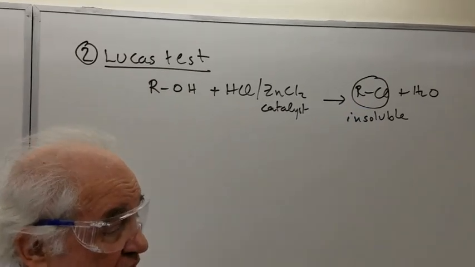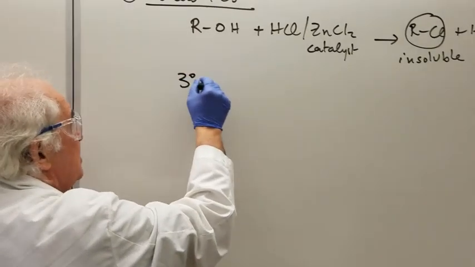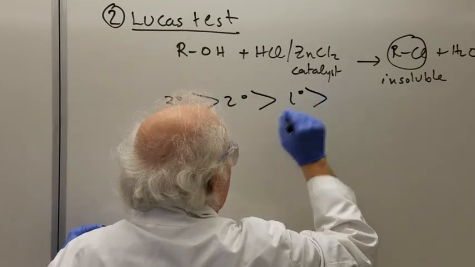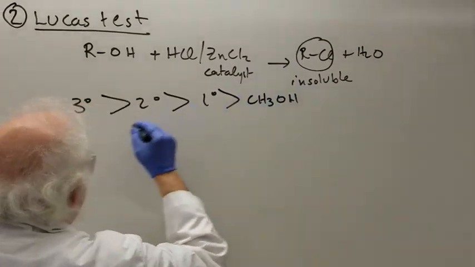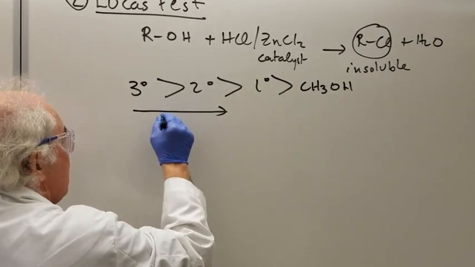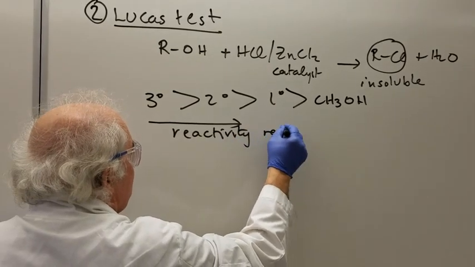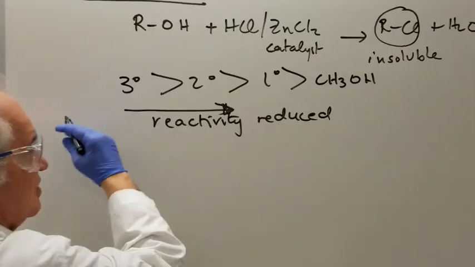So the situation is that tertiary ones react much faster than secondary, which react much faster than primary, which react much faster than methanol. So this is reactivity reduced, going from left to right.